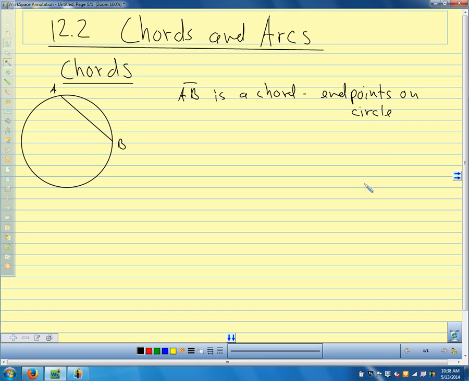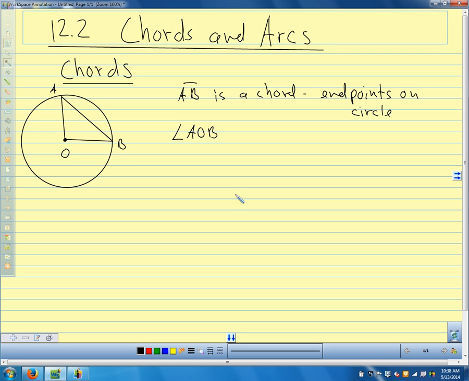And I'm going to draw a couple of other pieces that we're going to associate with this chord. I'm going to draw this angle from the center. So that's the first piece. We'll put the center at O, angle AOB. Do you remember what we call the angle in the circle with the vertex at the center?